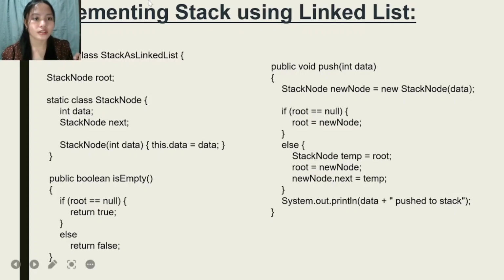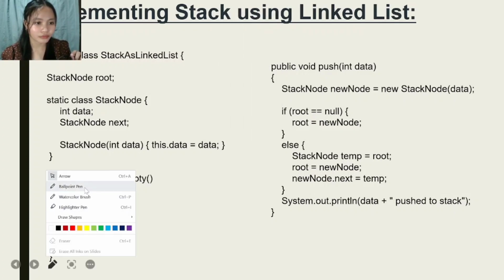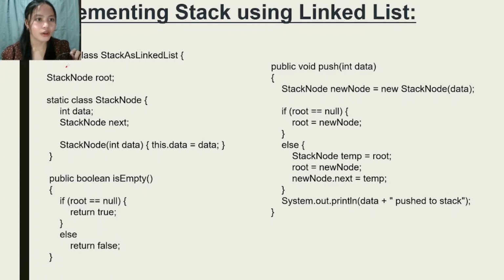So first, we declare the public class StackAsLinkedList. Since it has an access modifier of public, our class StackAsLinkedList is our main class.